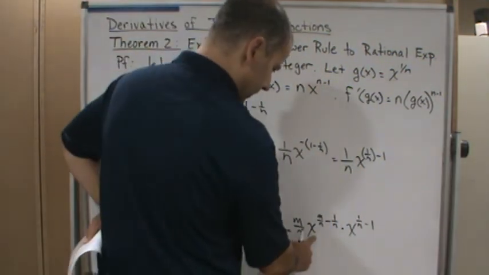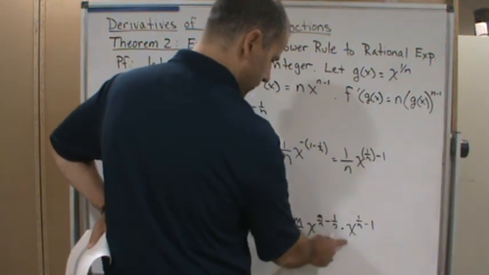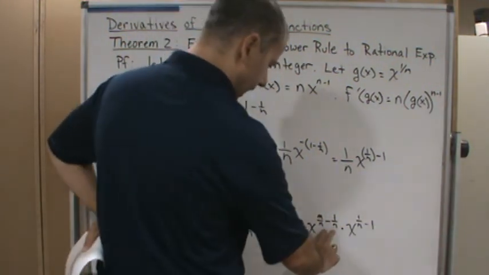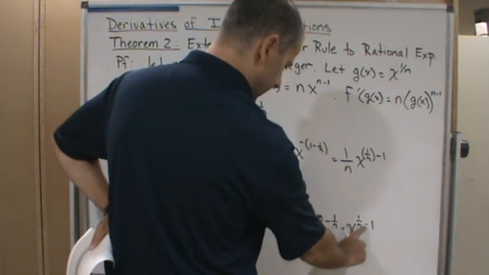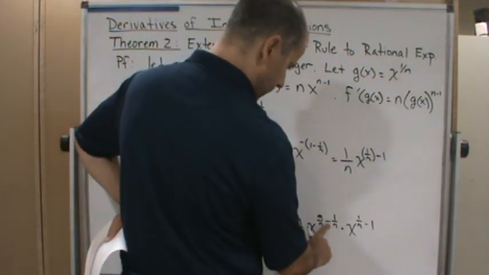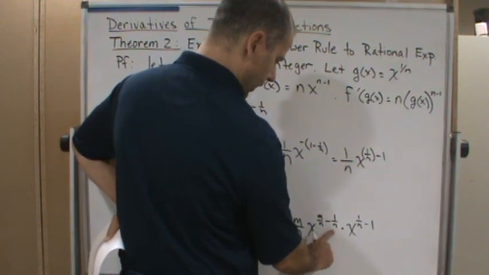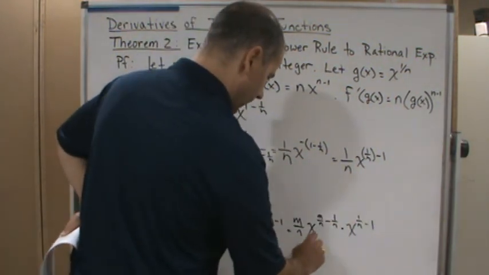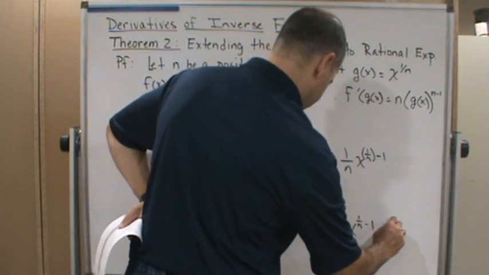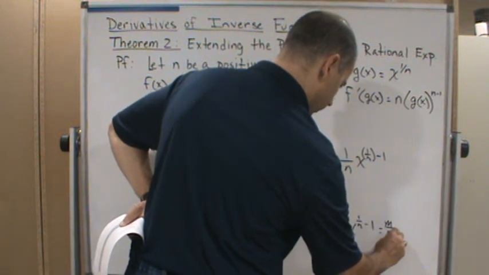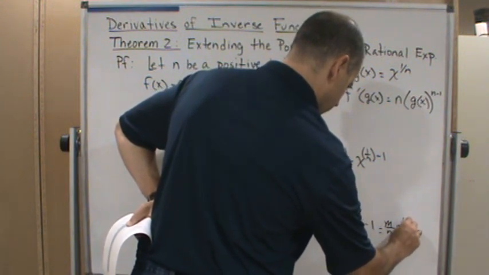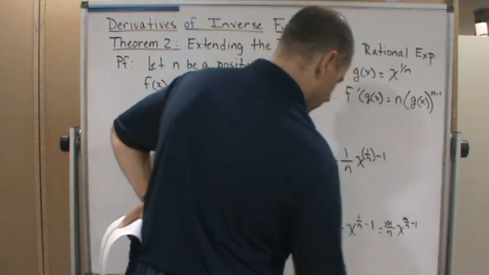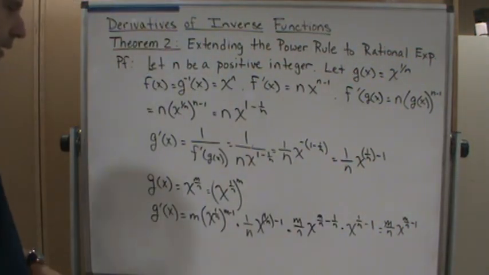Now, if you combine these two using the property of exponents, since these have the same bases, you add the exponents, right? If you add the exponents, you're going to get a minus 1 over n and a plus 1 over n, so those are going to cancel out. And so what do you get? Your final answer is going to be m over n, x to the m over n minus 1. So there you go. Have a great day.